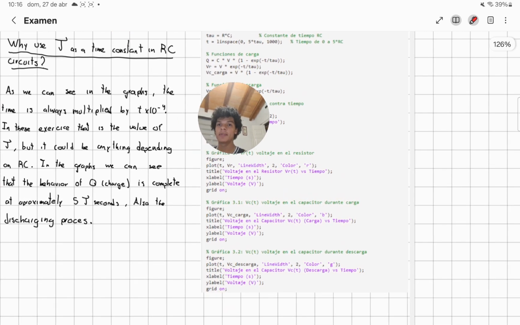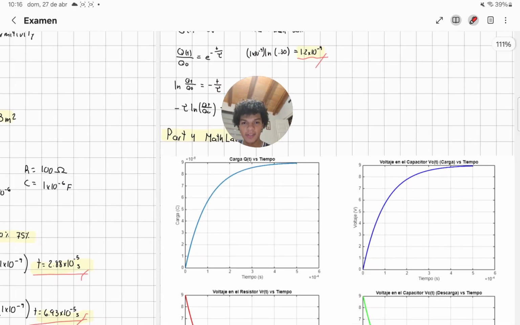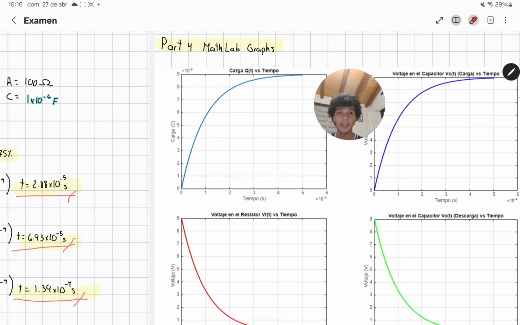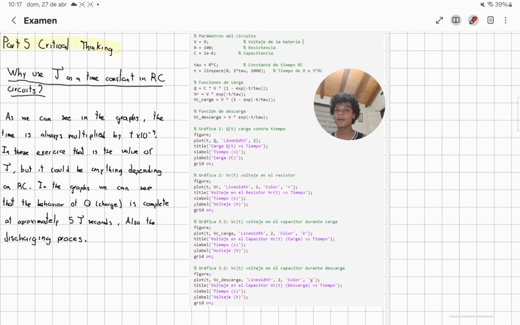And it's basically because, as we can see in the graphs, all the behavior of the capacitor goes in time as it goes to 5, but 5 times 10 to the minus 4, that is the value of tau that we found. So basically we use tau because of the behavior of the capacitor, so it adapts to that value.